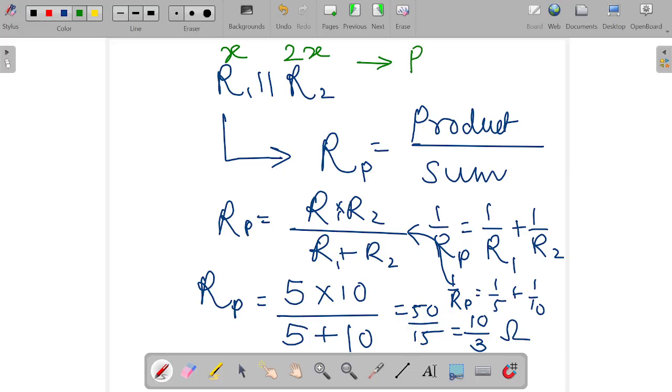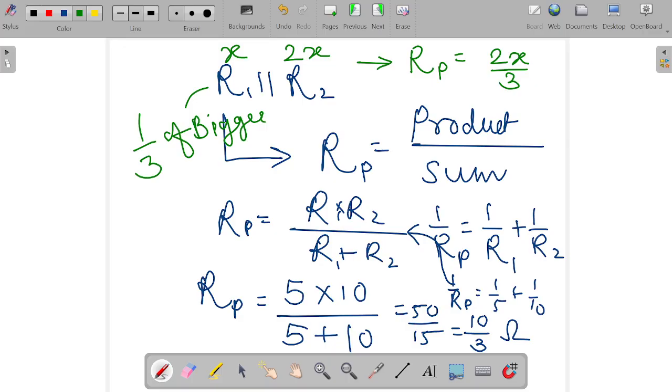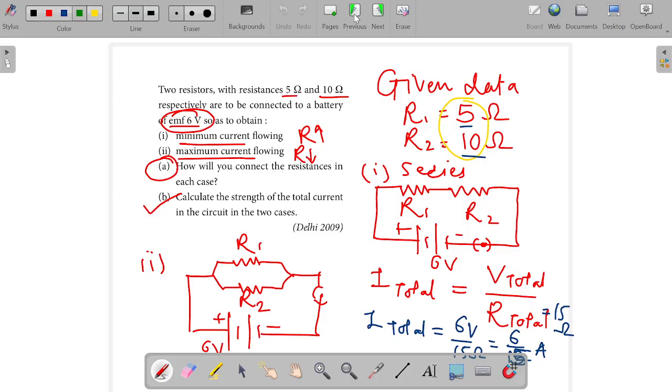Then you can directly use this formula for effective resistance as 2x by 3. Means you just have to take one third of the bigger or the double resistor. Isn't it amazing? So let us apply this method.